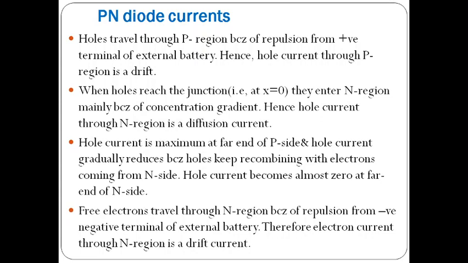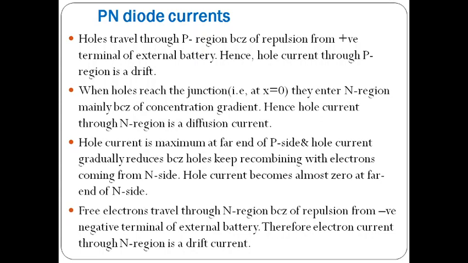This is hole current. Now we are discussing the electron current. Free electrons travel through the n region because of repulsion from the negative terminal of the external battery. Therefore, electron current through the n region is a drift current. When you connect the forward bias, the negative terminal of the battery is connected to the n region. Due to the repulsion from the negative terminal of the external battery, the electrons in the n region move towards the junction.